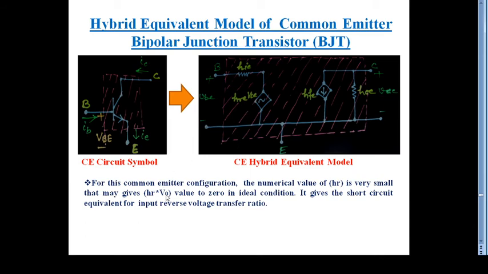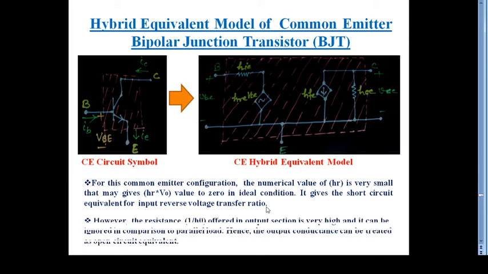So setting V naught to 0 in the ideal condition gives a short circuit equivalent for the input. Just like our hybrid pi model, there is a short circuit and HIE is nothing but simply your R pi. So this thing will be sorted, but this one is the non-ideal model. HR is very less, around 0. So this one is the short circuit equivalent for the input reverse voltage transfer ratio.